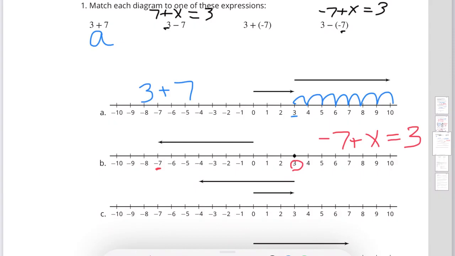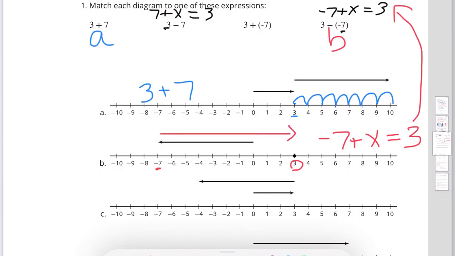So as you can see, this fits the last equation. Because when I move my arrow, it would look like that.